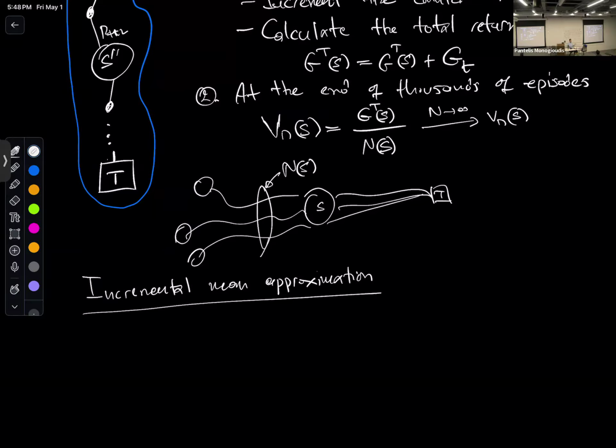I have an estimate, capital V pi of S, and I'm now at episode 1000. When I get a new episode, 1001, how do I update the V pi of S? Do I start from the beginning again, counting? No. The incremental mean approximation was also used in the Kalman filter discussion in that drawn example.